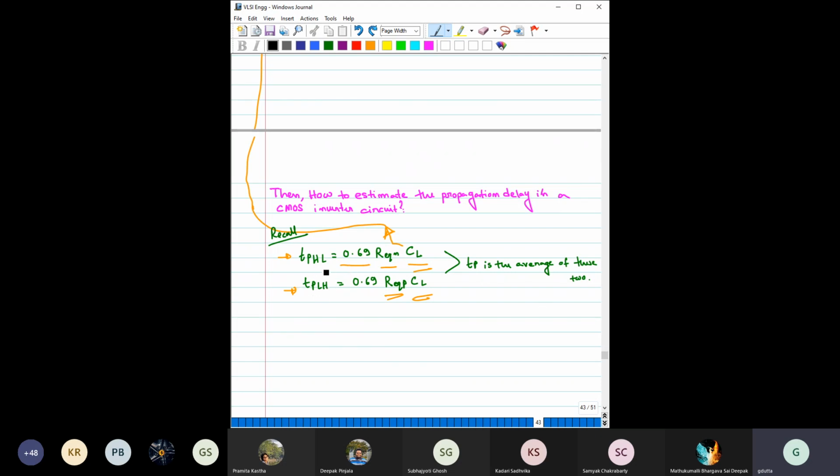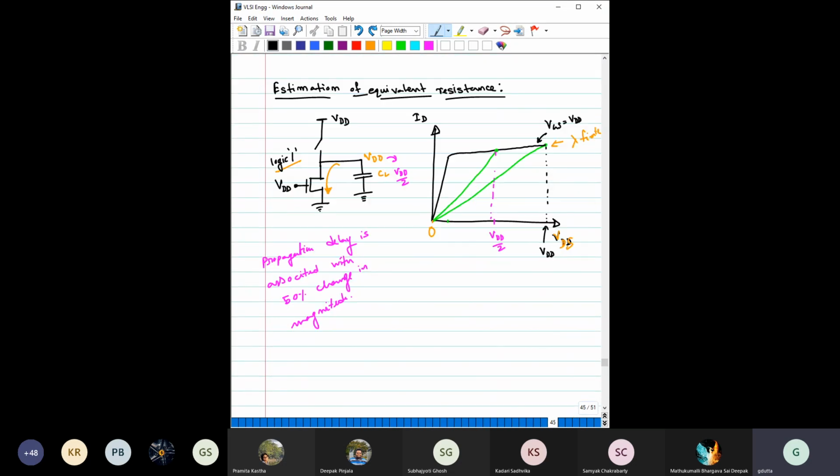If you see the formula for how to estimate TPHL and TPLH, along with CL, the total load capacitance, you also have one equivalent resistance. So how do we estimate that equivalent resistance?